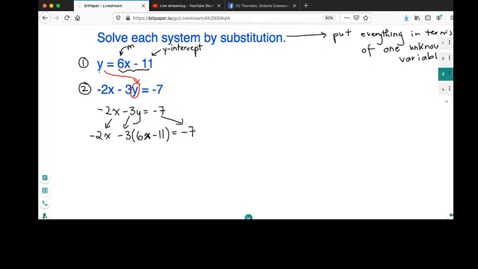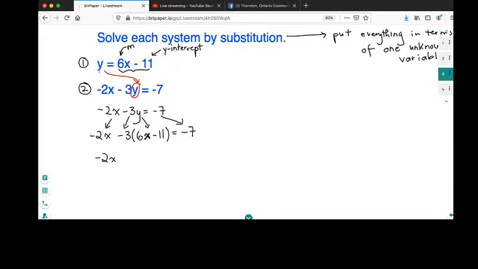And all that really is like saying, and I use this example all the time, instead of saying humans, we would say Homo sapiens. And it means the same thing. Okay? So anyways, let's go ahead and solve this. So now we've literally plugged in 6x minus 11 instead of y. And what we're going to do now is actually expand this problem. So we've got negative 2x staying the same because there's nothing affecting it right now.